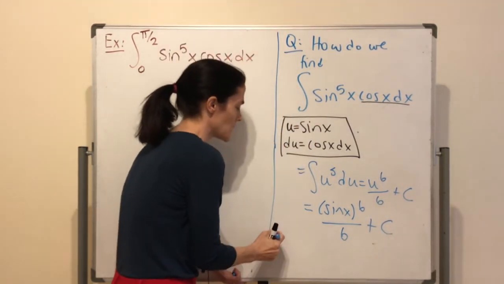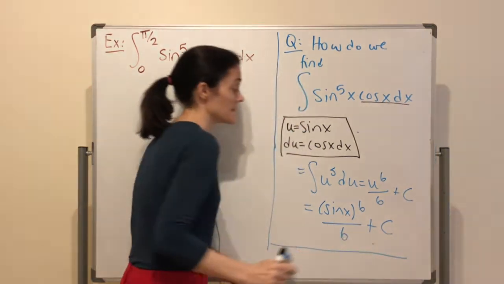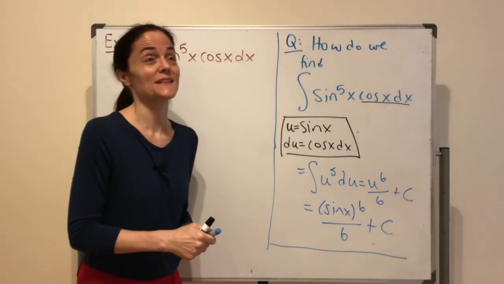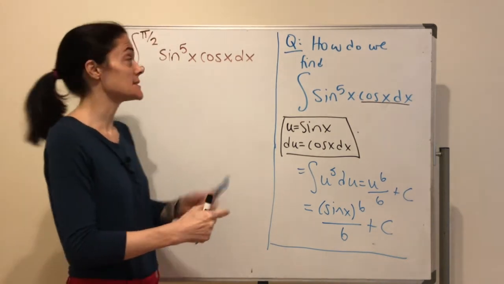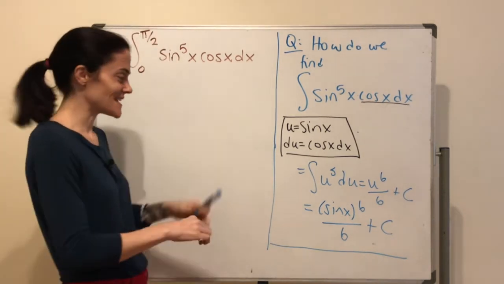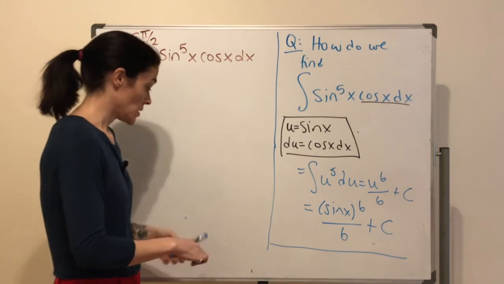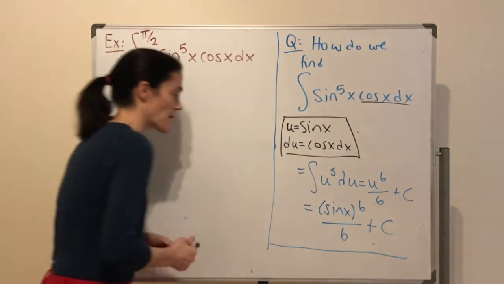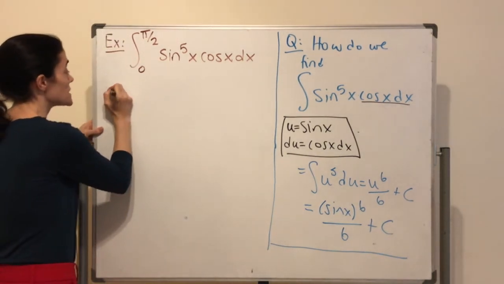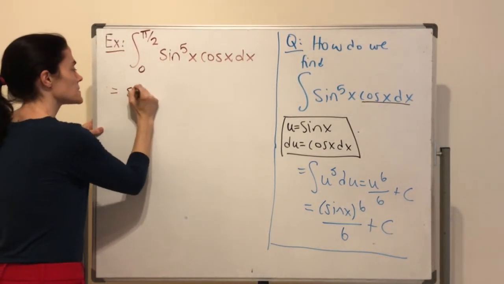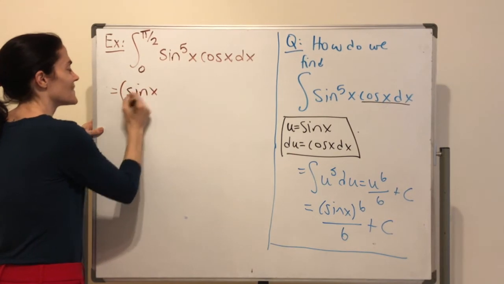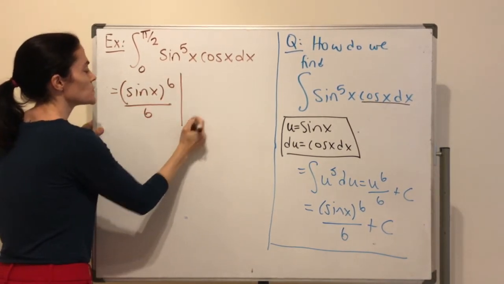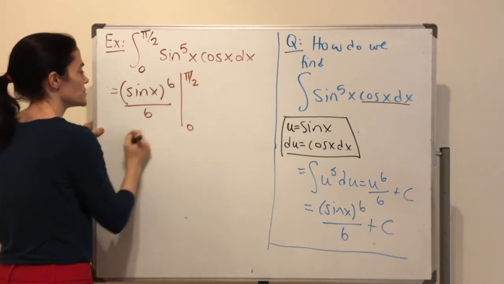Now, given this indefinite integral, or this capital F of x plus c, we can address the definite integral. We know this is sine x to the 6th power over 6 evaluated between 0 and pi over 2.